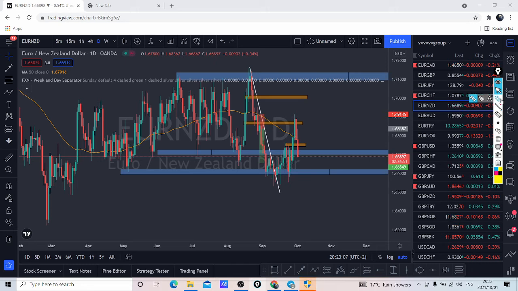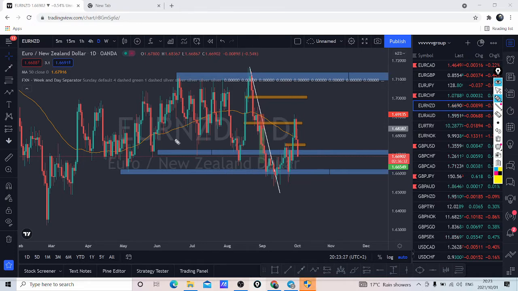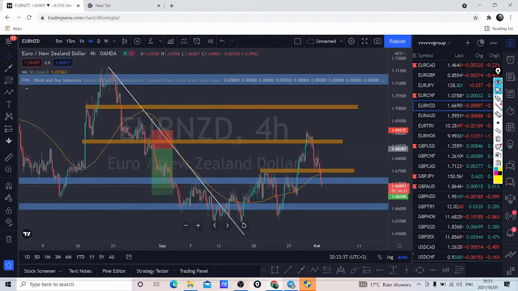I marked my key zones: support here, resistance here. You can clearly see that the market is choppy here, meaning that it's ranging, but inside this choppiness you can spot trends. You can go into the lower time frame, maybe H4 or H1, to see the trends.